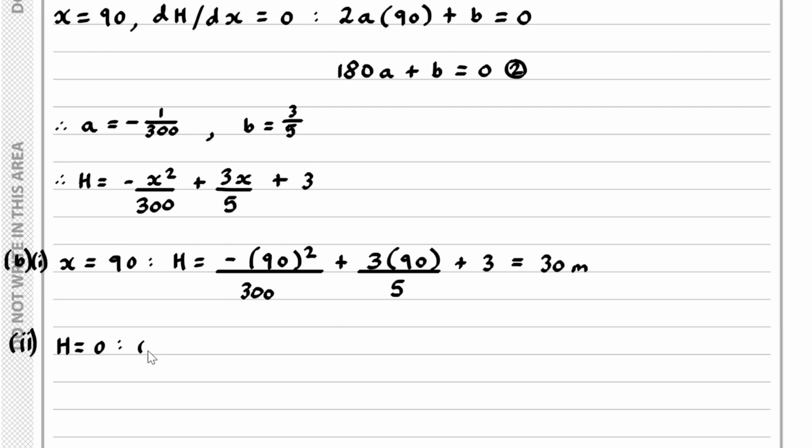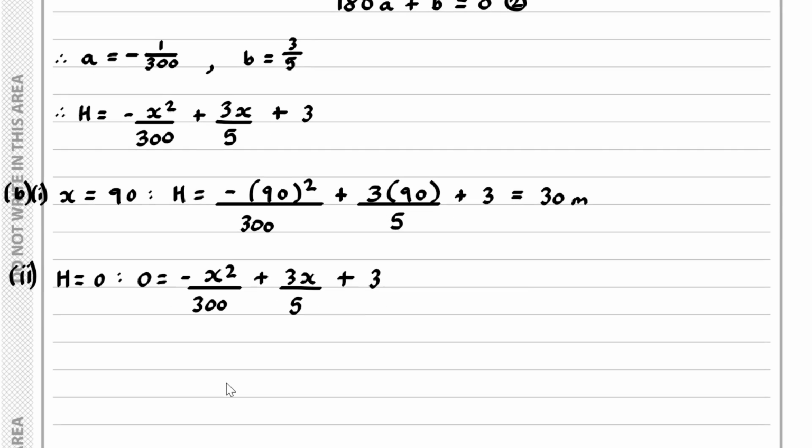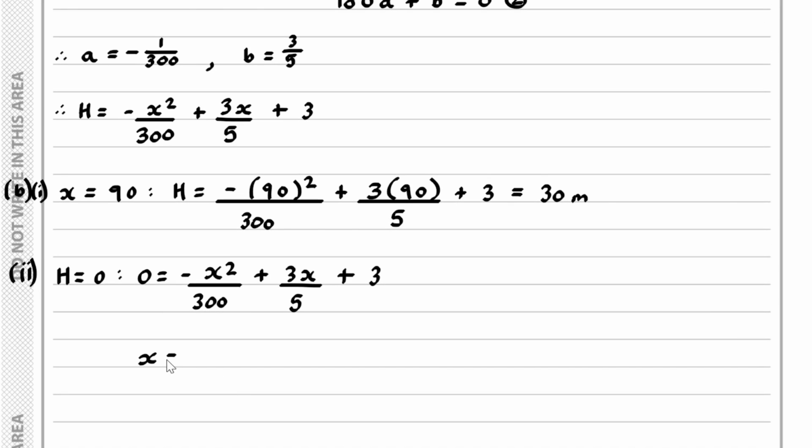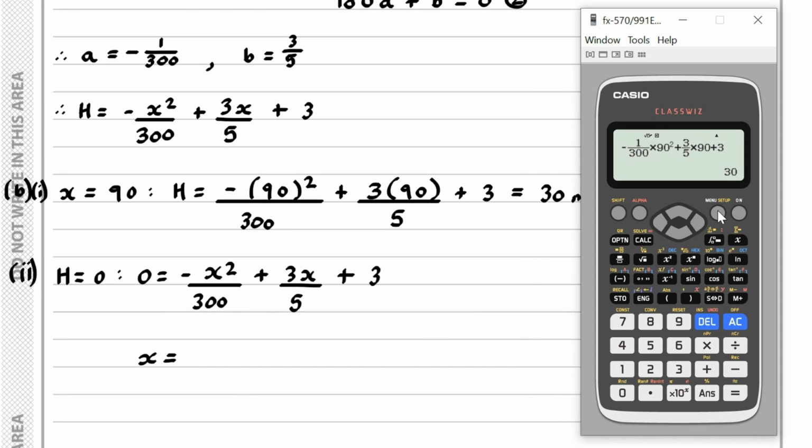So we've got 0 equals minus x squared over 300 plus 3x over 5 plus 3. So if we find out what x is, we're expecting to get two values.